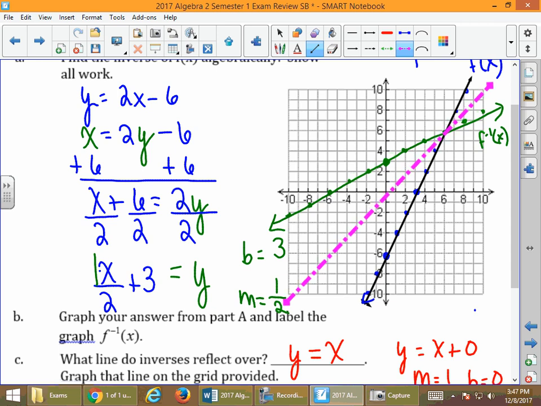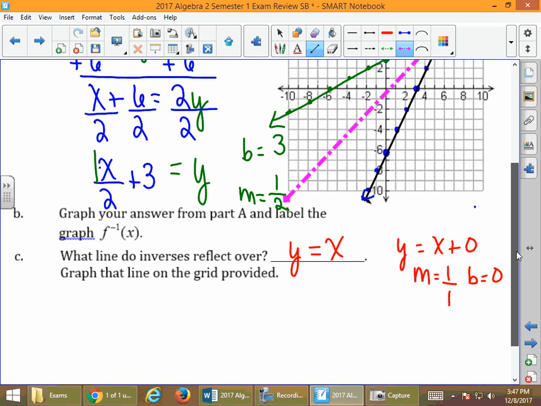Right there. I'm a little bit off, because again, it has to go through the bottom left to the upper right and through the origin. But that's the line y equals x. If you don't like what I just said, then graph b equals 0 and then the slope of 1 over 1.